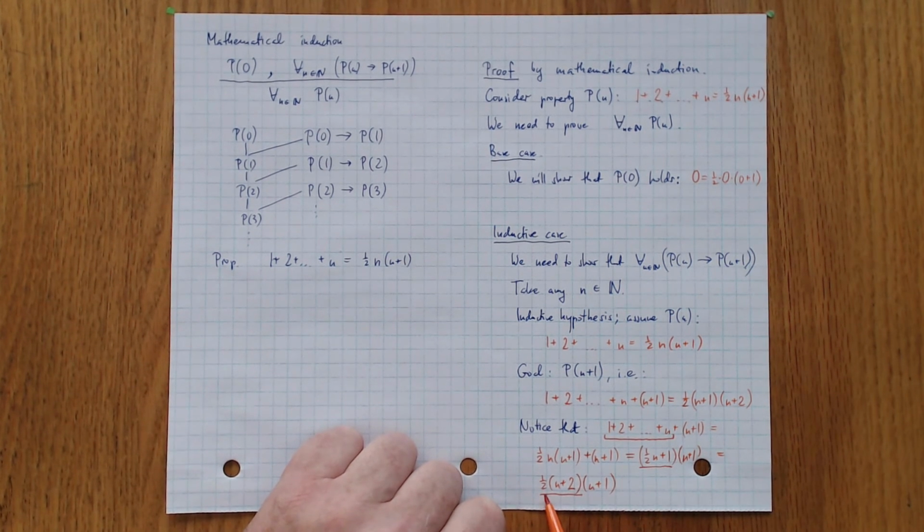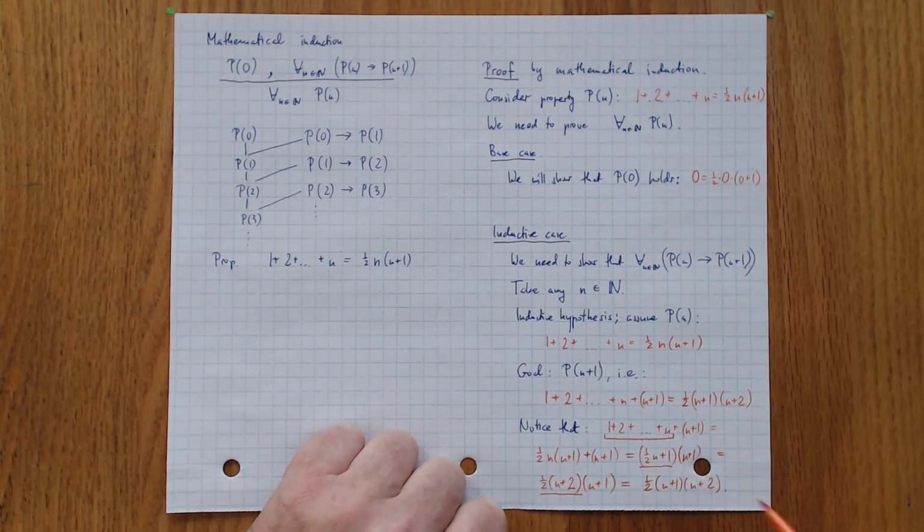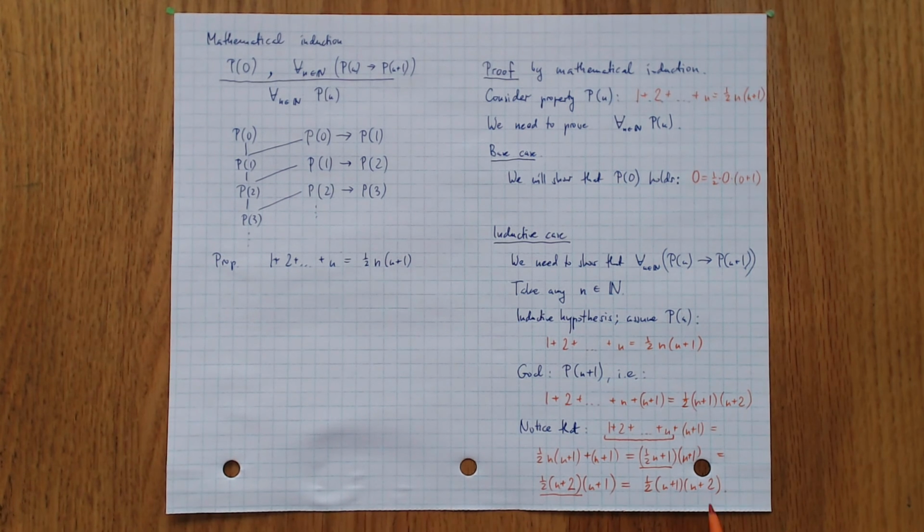By distributivity I get 1/2 n, and then 1/2 times 2, which is 1. And now I can just change the order of the factors in this expression, obtaining 1/2 times n plus 1 times n plus 2. So I have obtained the goal, and this ends the proof by mathematical induction.